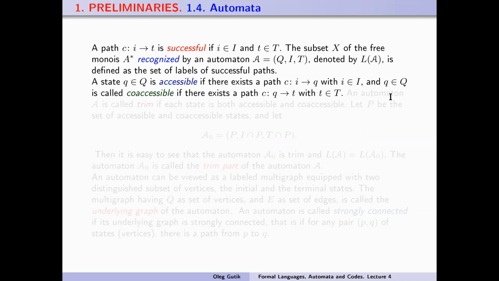The state q is called co-accessible if there exists a path from q to a final or terminal state t. So q is accessible if there exists a path from the initial states.